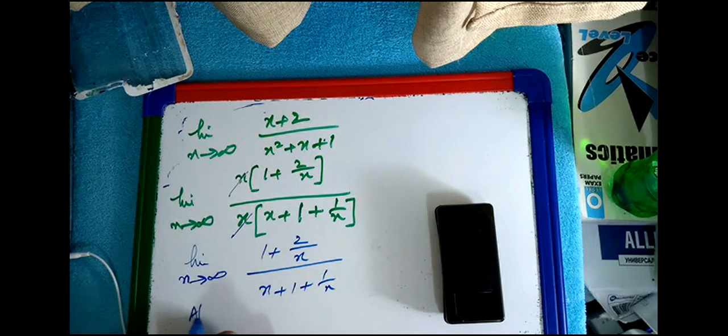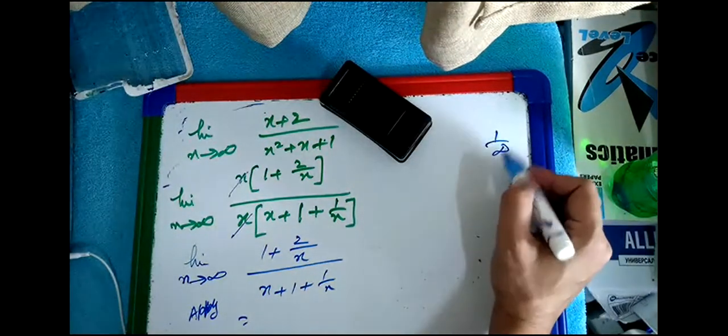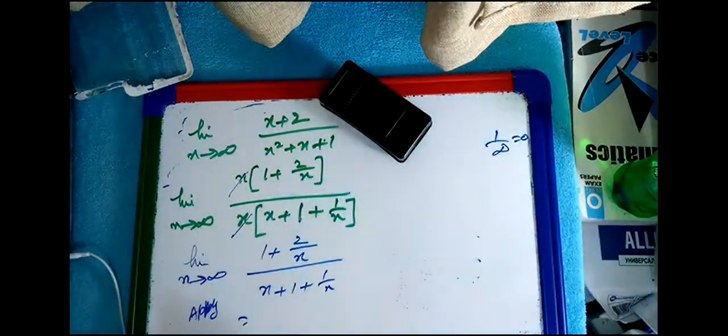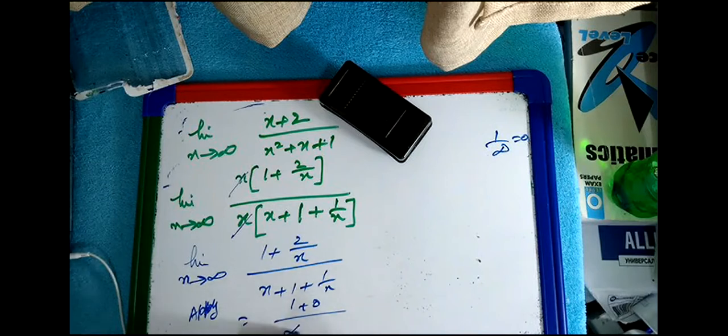If you apply the limit, I told you that 1 upon infinity is what? 1 upon infinity is 0. Remember. So 1 upon infinity is 0 means 1 plus 0, and here infinity will come. Here 1 and here 0.